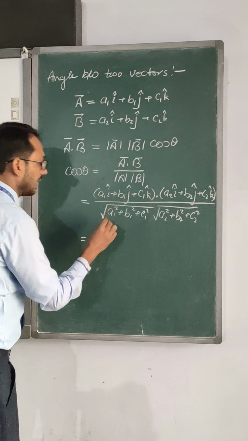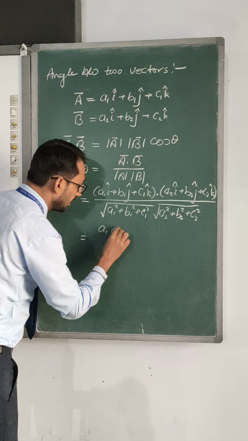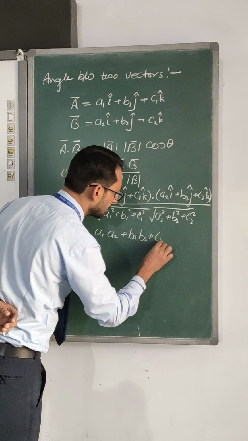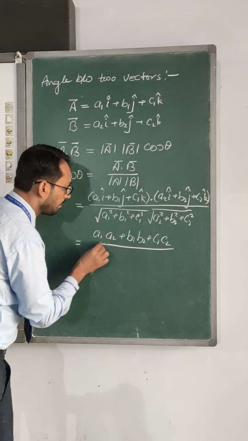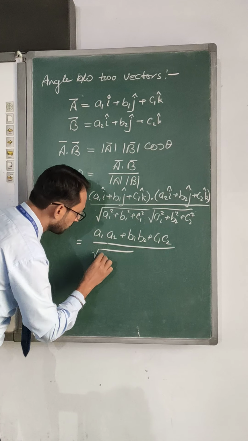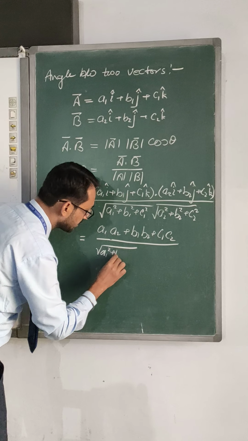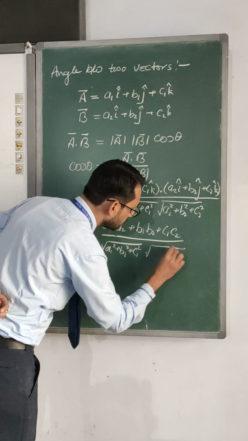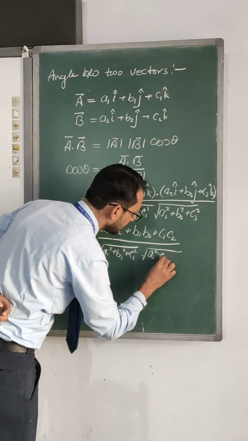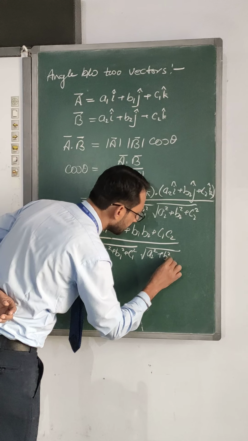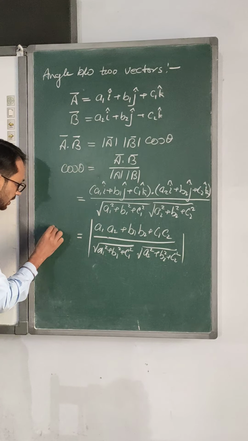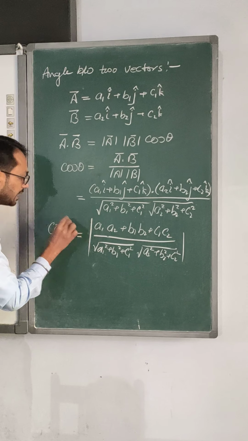With the dot product, I will be getting A1 A2 plus B1 B2 plus C1 C2 upon under root of A1 square plus B1 square plus C1 square into under root of A2 square plus B2 square plus C2 square, to mod. Now the question arises, why am I putting mod?